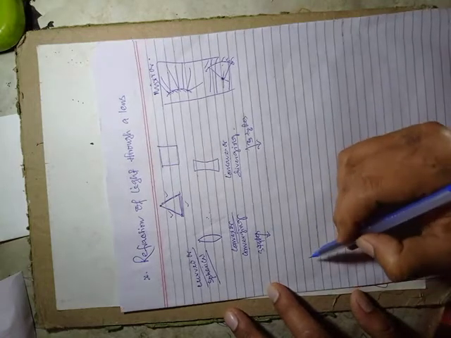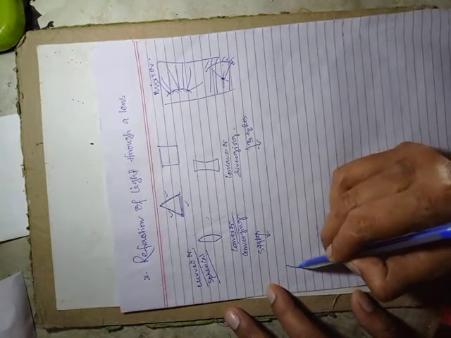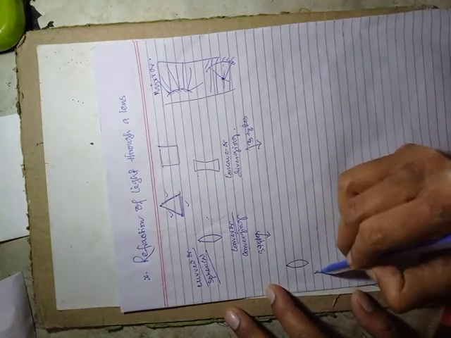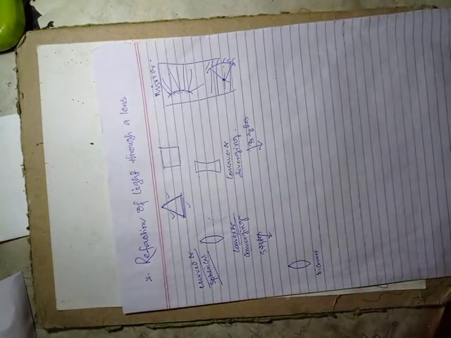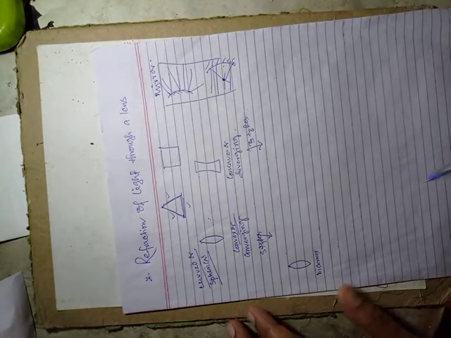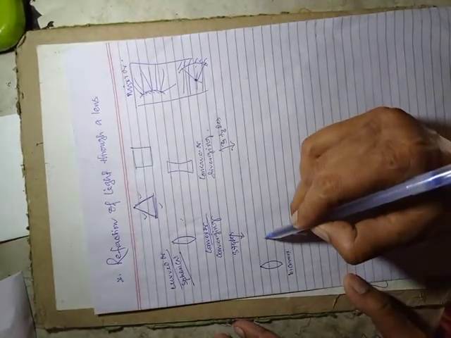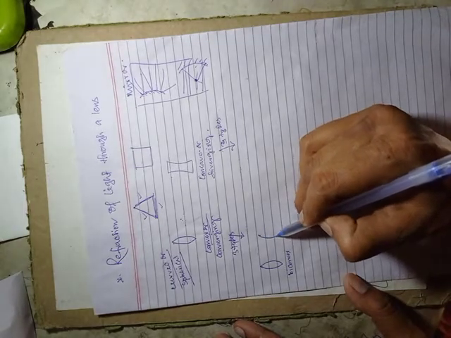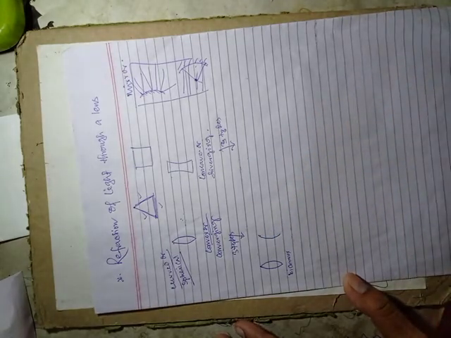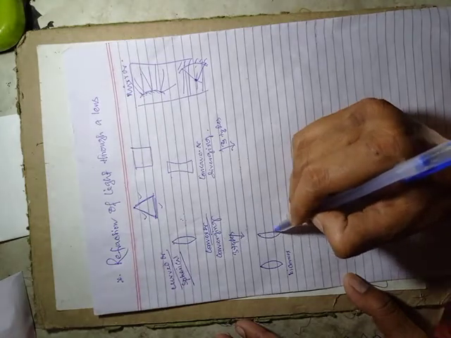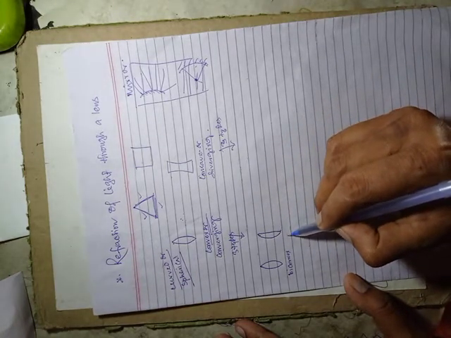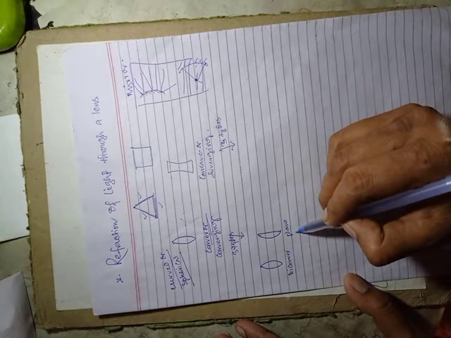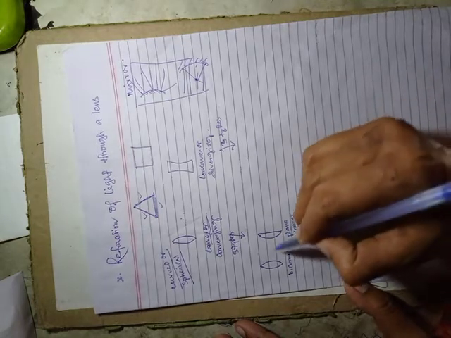How? See, the first one you already know, this is called biconvex, because both sides are spherical, both sides are convex. Similarly, next, one side convex and another side plane like this, that is called plano-convex.